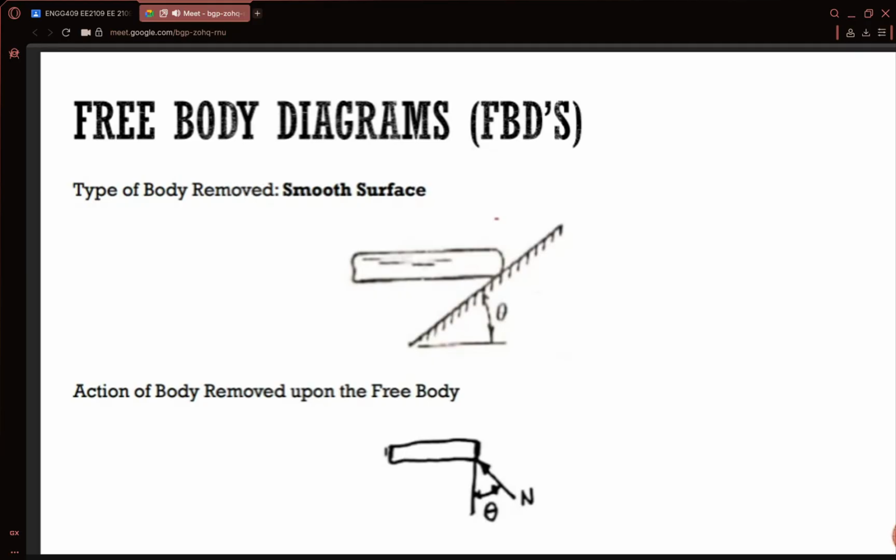So the action of the body removed upon the free body in your drawing: a smooth surface will usually exert what we call a normal force, denoted by N. Normal force, wherein your angle from the vertical, this is very important, your angle from the vertical of your normal force is also equal to the angle of inclination from the horizontal.